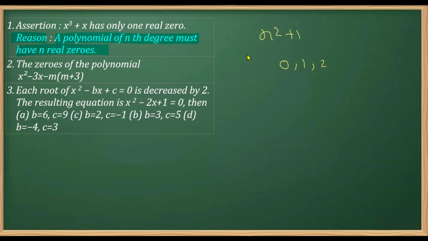What you should know is that a polynomial of nth degree can have at the most n zeros, but not necessarily n zeros. It can have no zeros also. One last time, for example, if I write a polynomial of degree 6, it can have up to 6 zeros, or it can have no zeros as well.